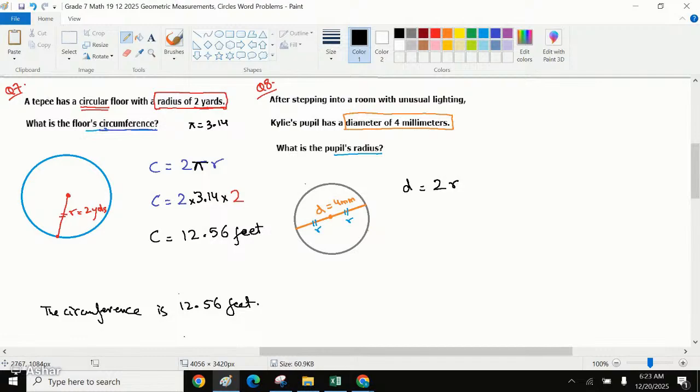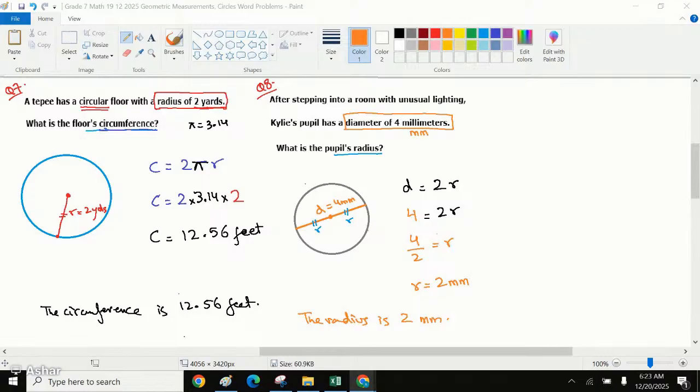Agreed? So the diameter was given as 4, which is twice the radius. So can this 4 be divided by 2? 4 divided by 2 is equal to the radius, and 4 divided by 2 is 2, and the unit is millimeters. So we can say that the radius is 2 millimeters. Okay, that's great.